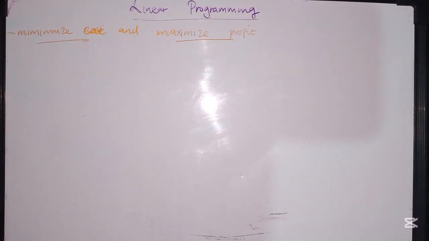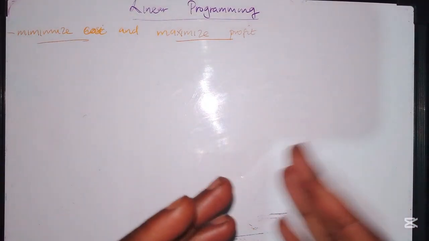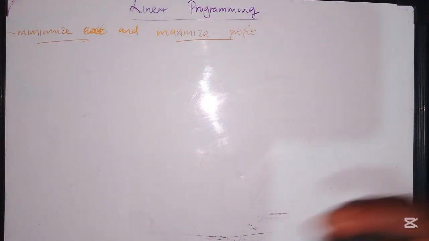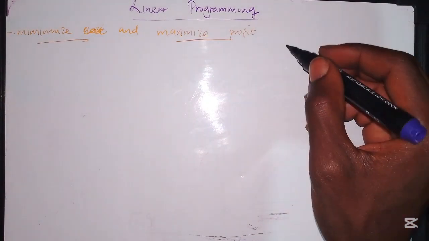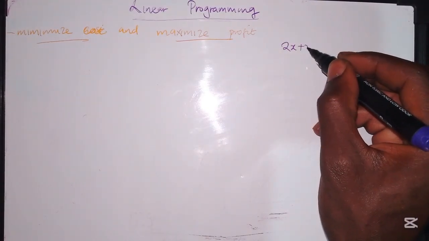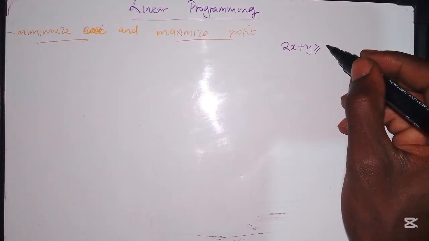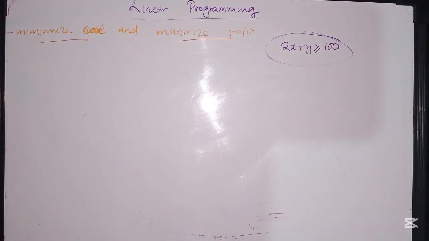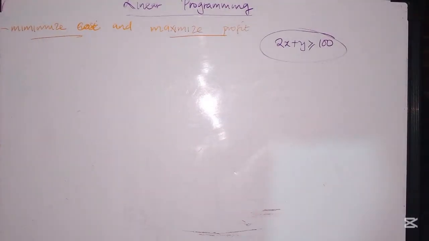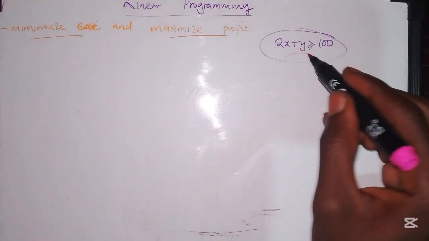So now, as our main focus is to know how to come up with what? Linear equations. Equations which look like this. Yeah. So now, how can we come up with equations which look like this?